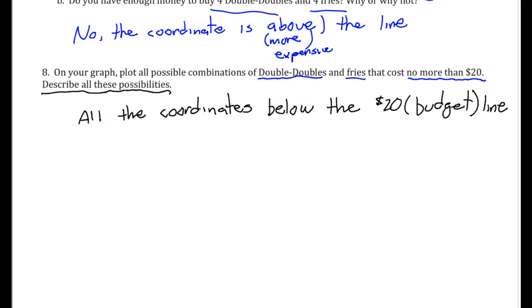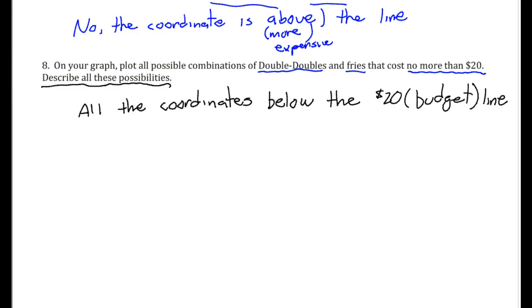How do you know those all cost less than $20? I didn't do any calculations. I didn't have to find out how much 3 double doubles and 2 fries cost. How do you know? They're below the $20 line. If they're asking how much they all cost, sure, I have to go through all that, but it's just about coming up with all the possibilities, but without actually calculating it all out.